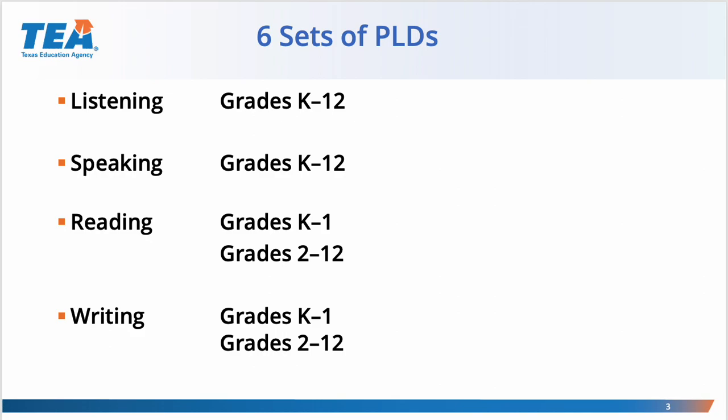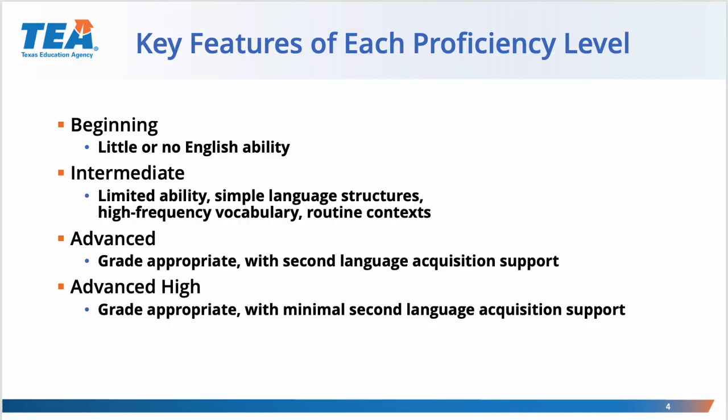And so, there are different rubrics, obviously, for reading and writing, just because we know at K-1 there's going to be a lot of differences between what the expectations are for writing than in 2 through 12. And so, when you're looking at the PLDs, it's going to be important to pay attention to that top part.